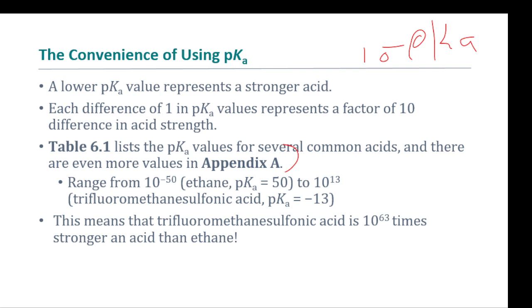This is where things like superacids, if you ever heard of that, come into effect. Okay? You'll notice that I'm already talking right here. They could range from 10 to the negative 50, which is the pKa 50 of ethane, to 10 to the 13, which is trifluoromethane sulfonic acid, which has a pKa of negative 13.